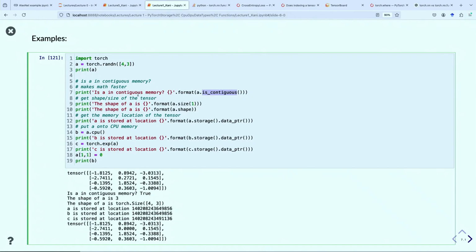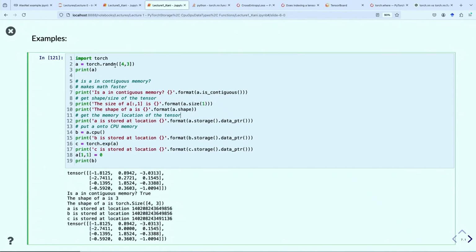Get the shape, the size, along the first dimension of A. Might as well fix this; I'll re-upload it later. And we can see where A is stored. If we want to put A in the CPU, we know where the data pointer is.